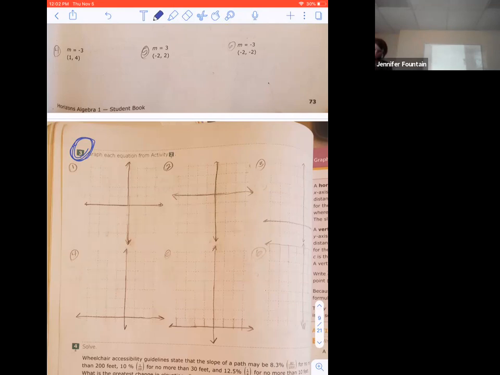That will be part of your homework, activities 3 on page 74. 73 is in your textbook. You do not have to write it on paper, and you do not have to turn it in. What will need to be turned in is the graphs for those equations on 73.